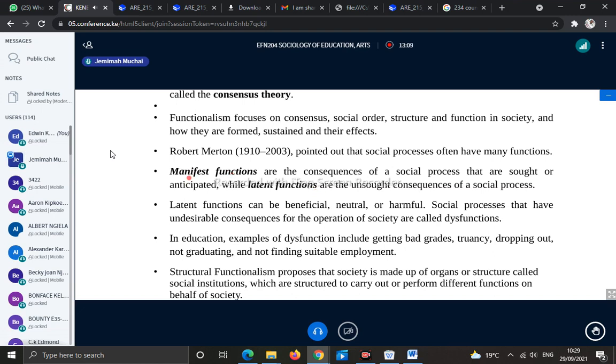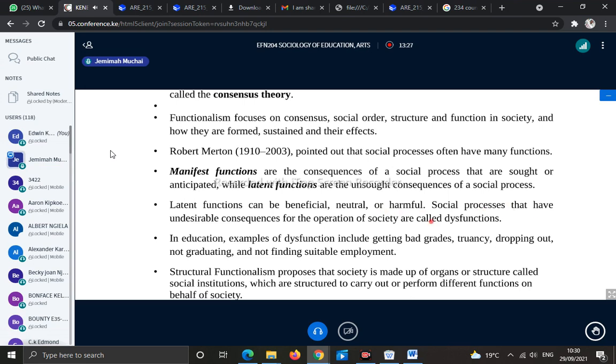The main thing was the manifest function, that is learning. Latent functions are other things that you gain as you are in Machakos University. Latent functions can be beneficial, neutral, or harmful.